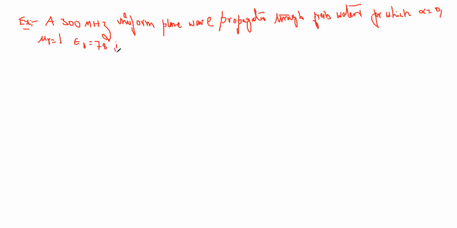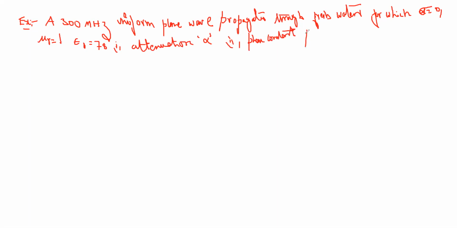Then they are asking to calculate the attenuation constant. This is not alpha, my dear students, it is sigma. Calculate first the attenuation constant alpha. Second, the phase constant beta.